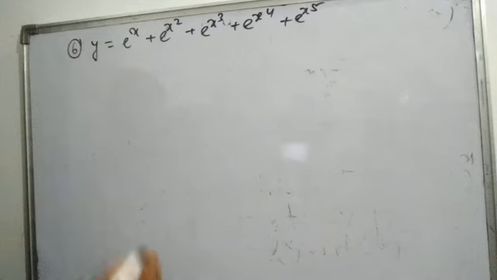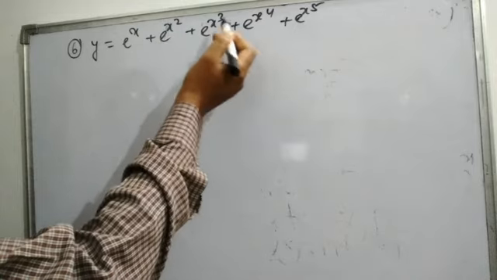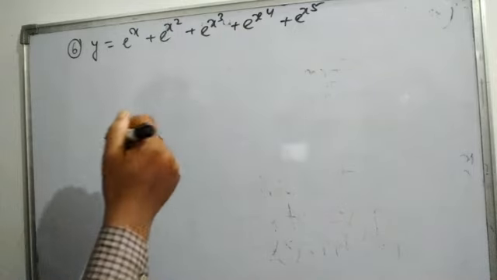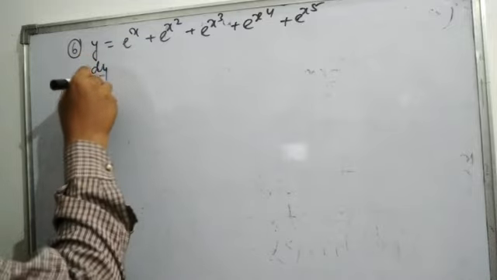Now question number 6, y is equal to e to the power x plus e to the power x square, e to the power x cube plus e to the power x to the 4 up to e to the power x to the 5. Find the total derivative. What will dy by dx be?